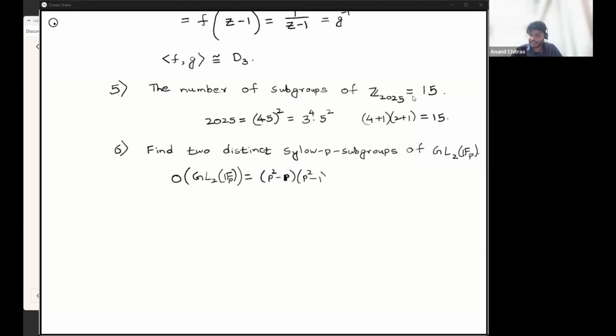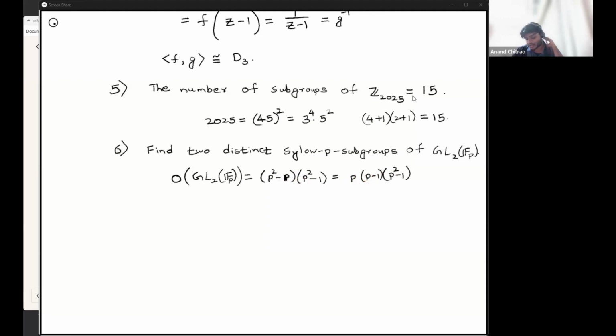So how many powers of p can you pull out from this? There's definitely one p which can be pulled out, and what's left is p minus 1 and p squared minus 1. And p doesn't divide these two, so you can only pull out one power of p.